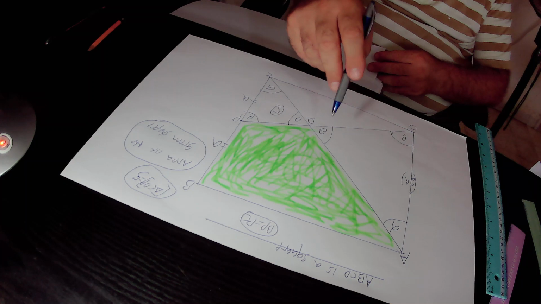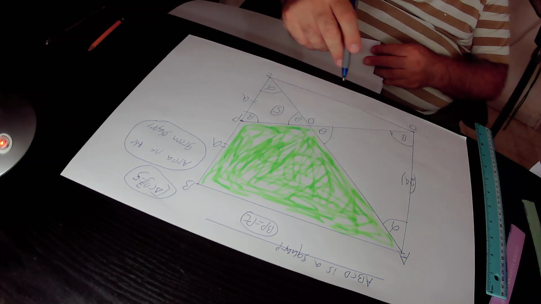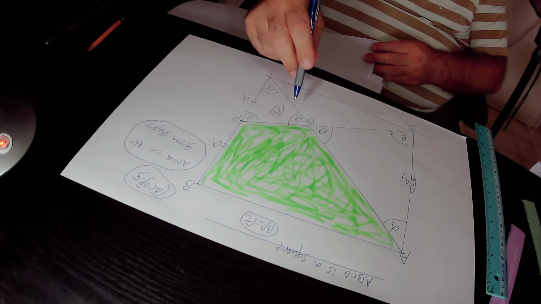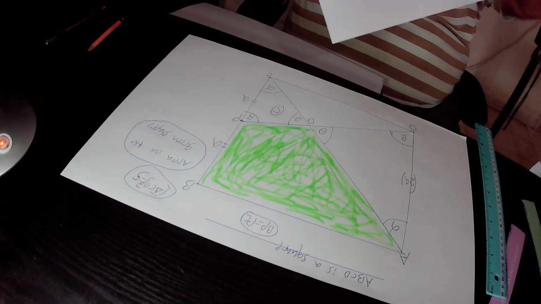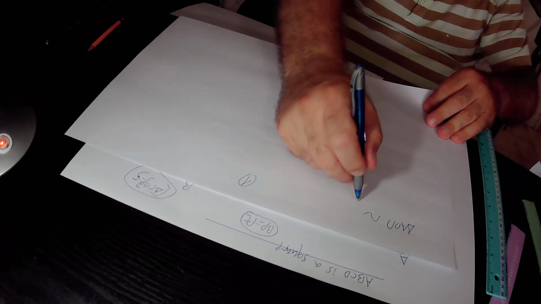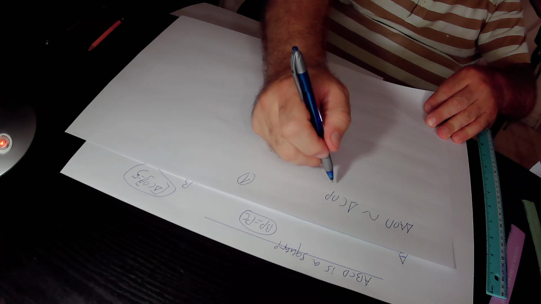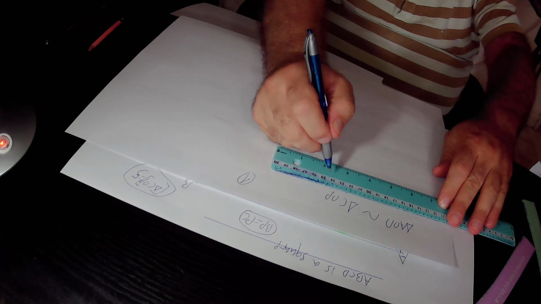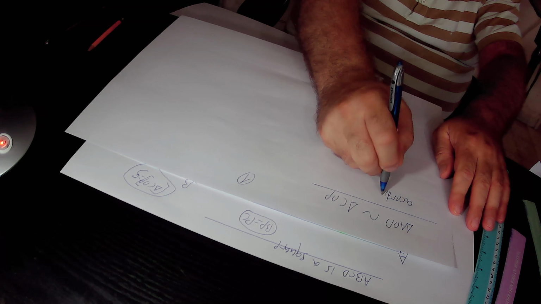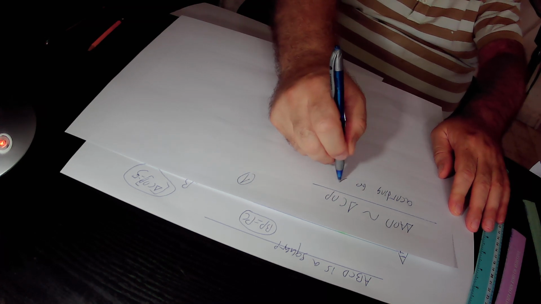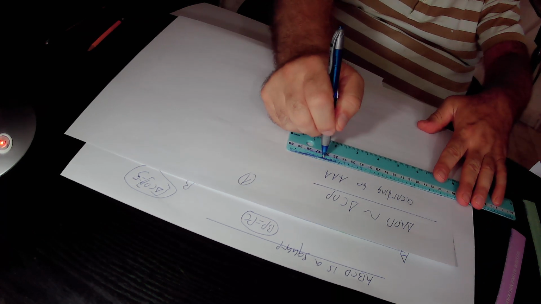So triangle AOD, the big triangle AOD, is similar to the small triangle COP. This is the sign of similar. So the big triangle AOD is similar to the small triangle COP according to the angle similarity rule.